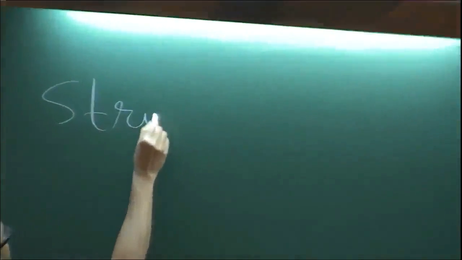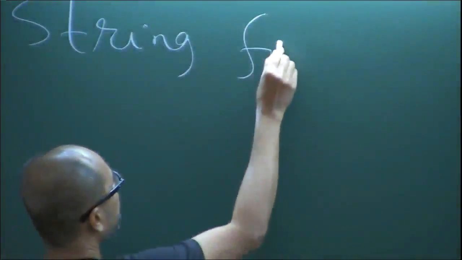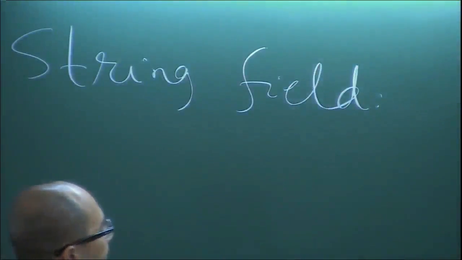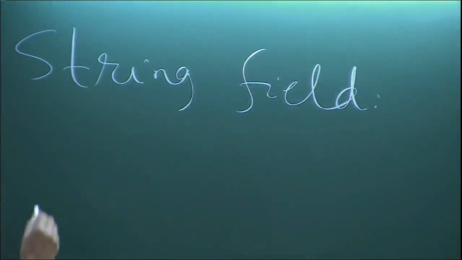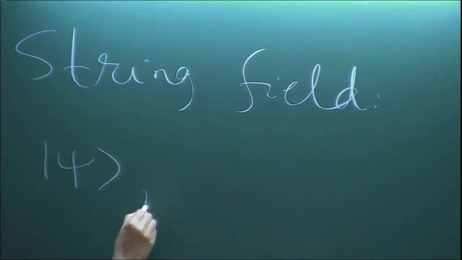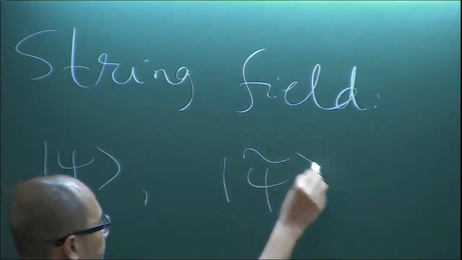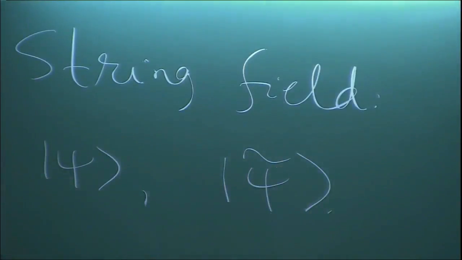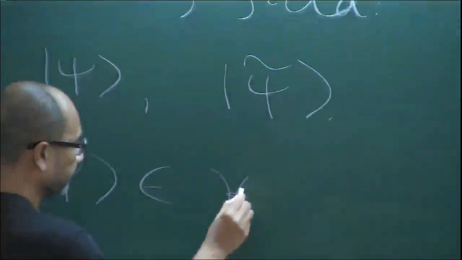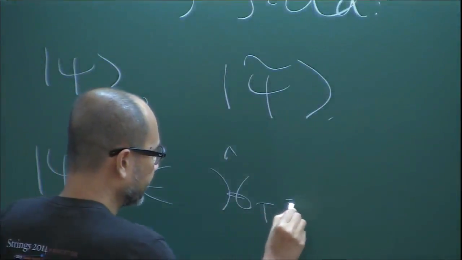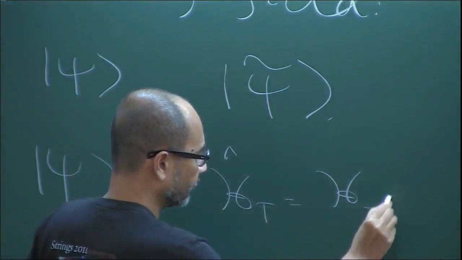So we introduce the string field. And we saw that it has 2 components, denoted by psi and psi tilde. Psi was an element of H hat T, which is H minus 1 plus H minus half.